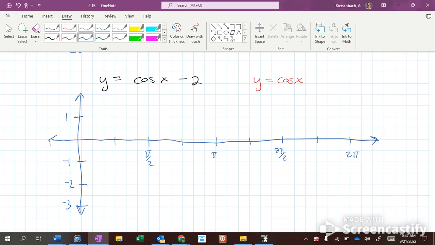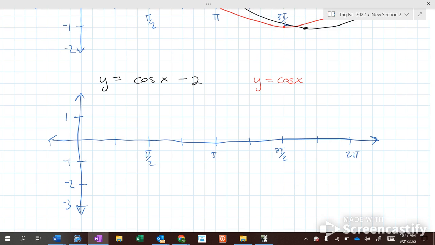If I graph normal cosine of x, where does it start? 0, 0, or 0, 1? 0, 1. At pi over 2, it's 0. At pi, we're at negative 1. At 3 pi over 2, we're at 0. At 2 pi, we're at positive 1.